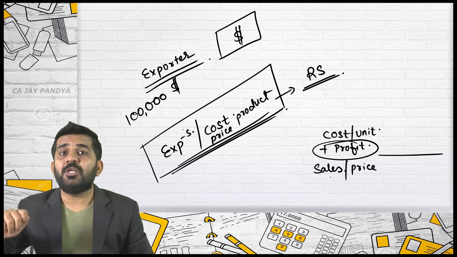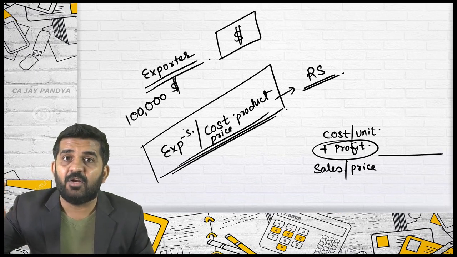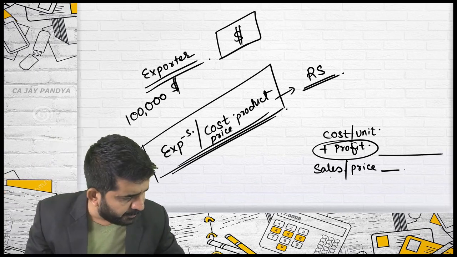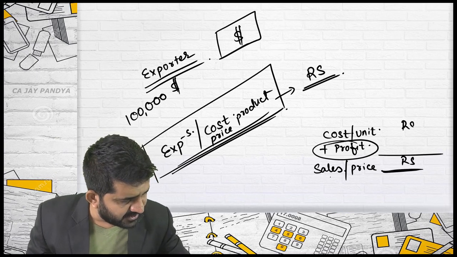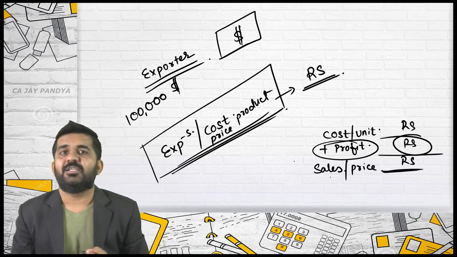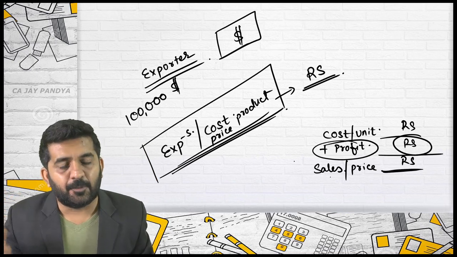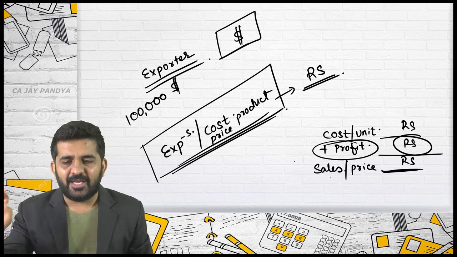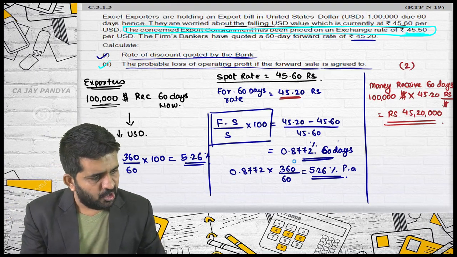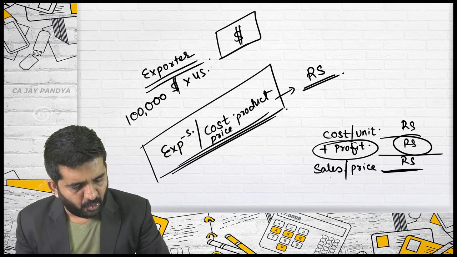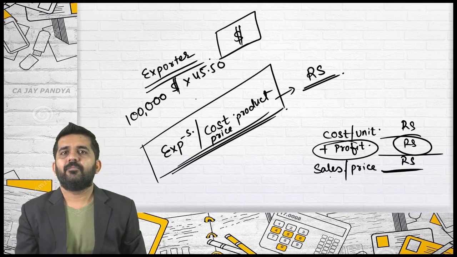But this is not what they expected. They didn't expect $1 lakh. They will expect something in rupees, because their cost is in rupees and their desired profit is in rupees. So at the time of pricing the product, they have taken a dollar rate of 45.50.